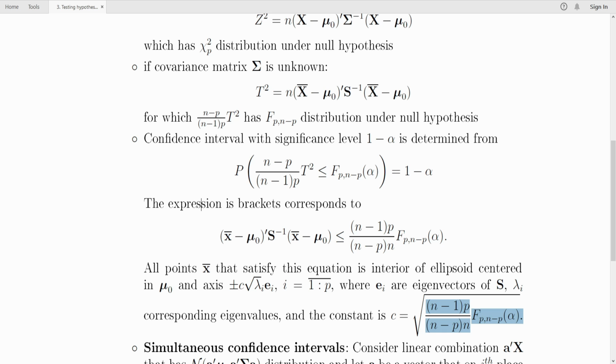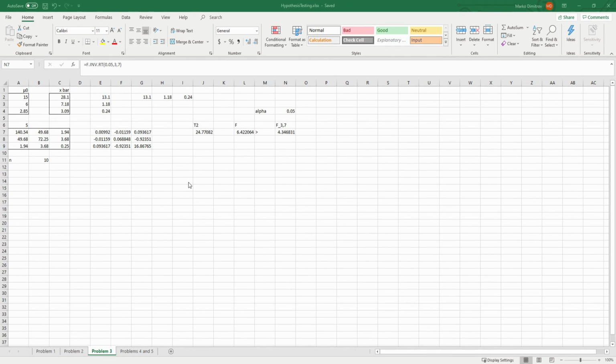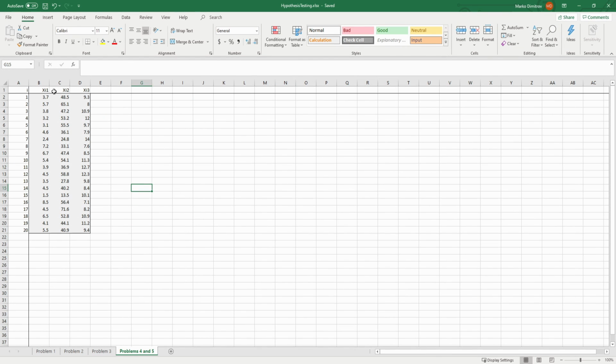Let's see what the procedure would be to find the coefficients, or what we are finding actually, the eigenvalues and eigenvectors. Say that we have these three variables, assume that they're normally distributed, and what we want to find is our eigenvalues, eigenvectors, and coefficients, as well as the constant c from what we just mentioned.